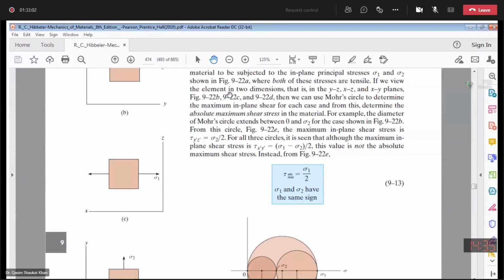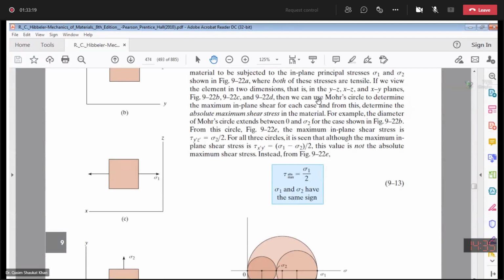If we view the element in two dimensions, you will get these three elements, and corresponding to them you will have this Mohr circle. Now, how to get the maximum? They are now explaining it.